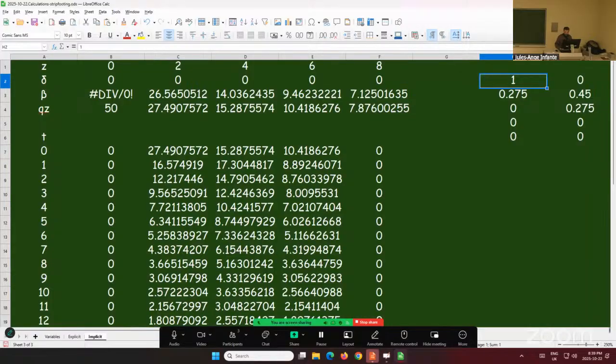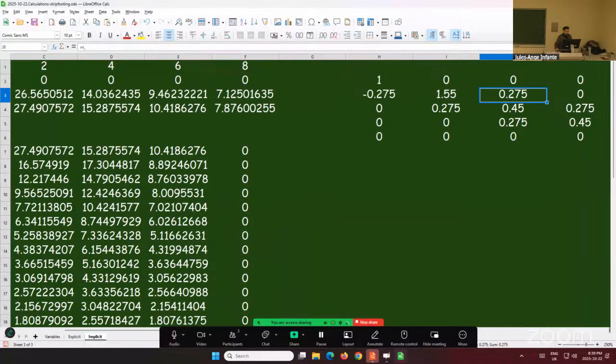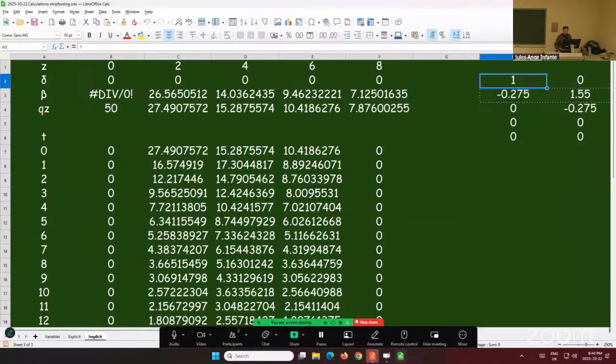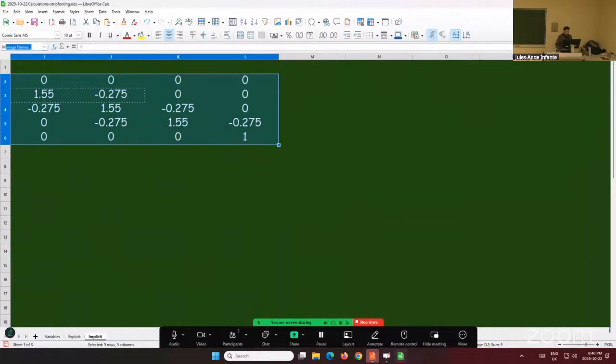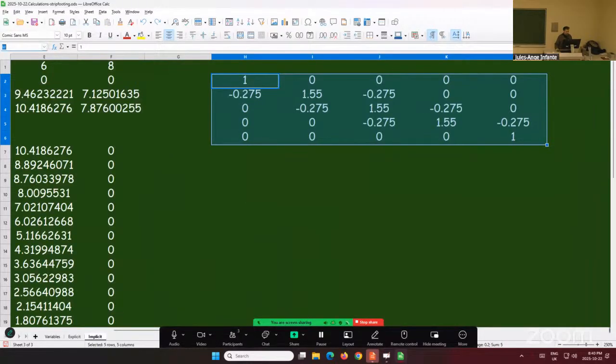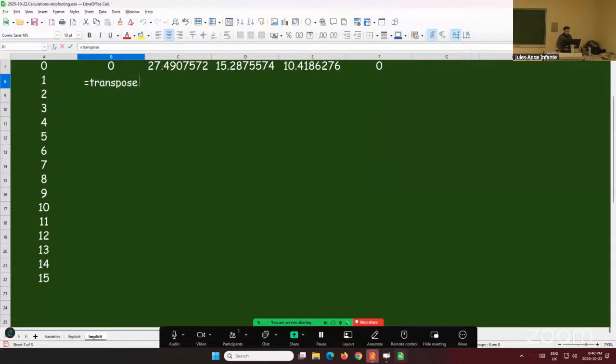So we define this as minus R, plus 2 times R. I suppose multiply the inverse of M.